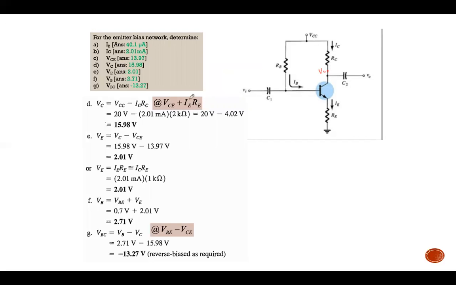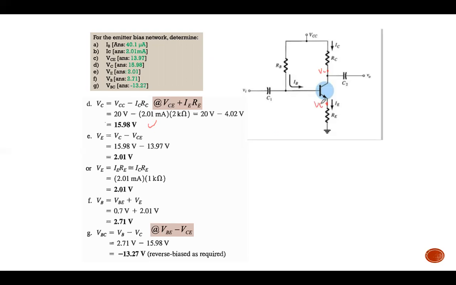You can use KVL: this is VCE plus IERE. Or use the KVL at this loop: VCC minus ICRC. You should get the same answer, 15.98 volt.